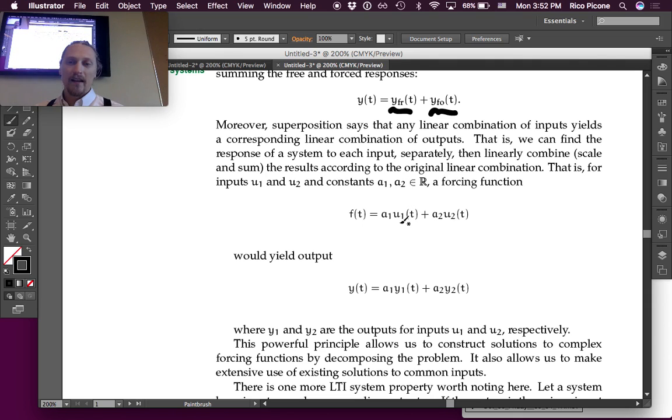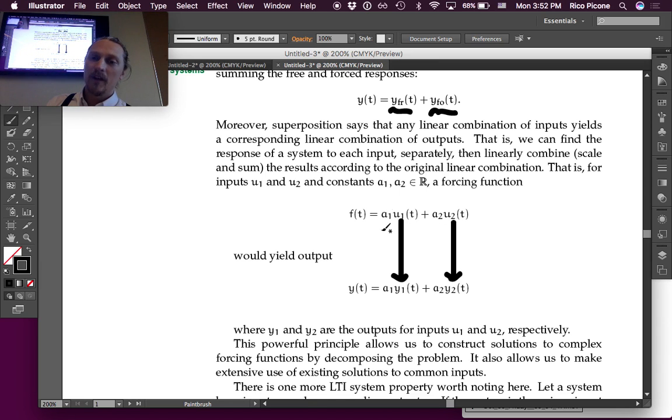So think of this as like u1 made y1, u2 made y2, and if you want to find out what happens to the system if you put these in together, combined with these scalars that are scaling them, it's literally just like the easiest possible answer, which is you just scale and sum the outputs. It's nice. So you can find the system response to u1 separately, u2 separately, and then you can find the total response by just summing them up.